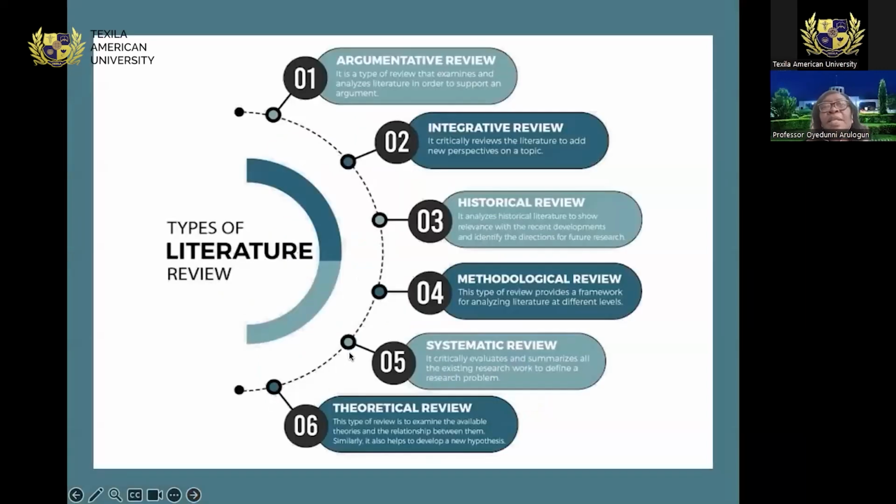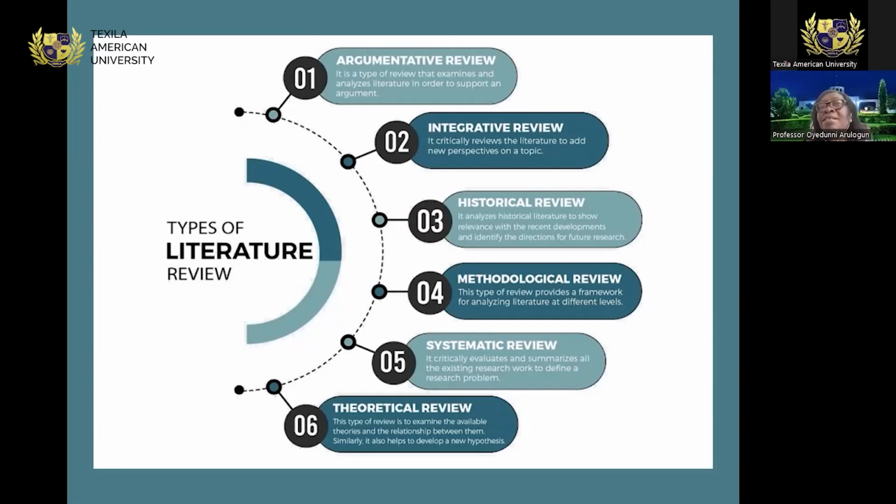And there are different types of literature review that can be done depending on the focus of your study. It can be an argumentative review, which is a type of review that examines and analyzes literature in order to support an argument.